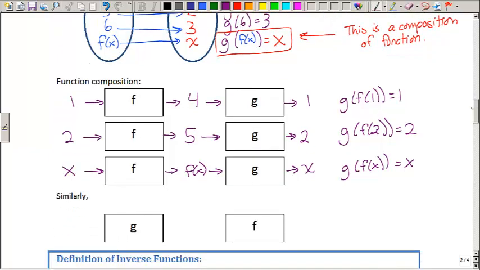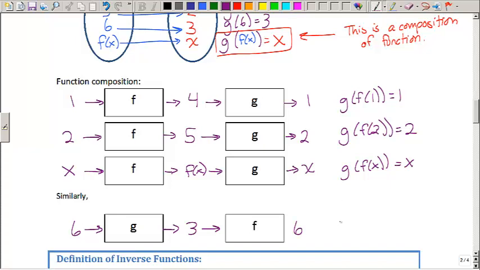And similarly, I could go backwards. If I plugged in, let's say 6, if I plug in 6 to g, I should be getting out 3. Notice I'm putting g first. So I'm plugging in 6, which is a member of my domain of g, and I'm getting out 3 in my range of g. If I turn around and take that answer, 3, and plug it into f, I'm getting out 6.